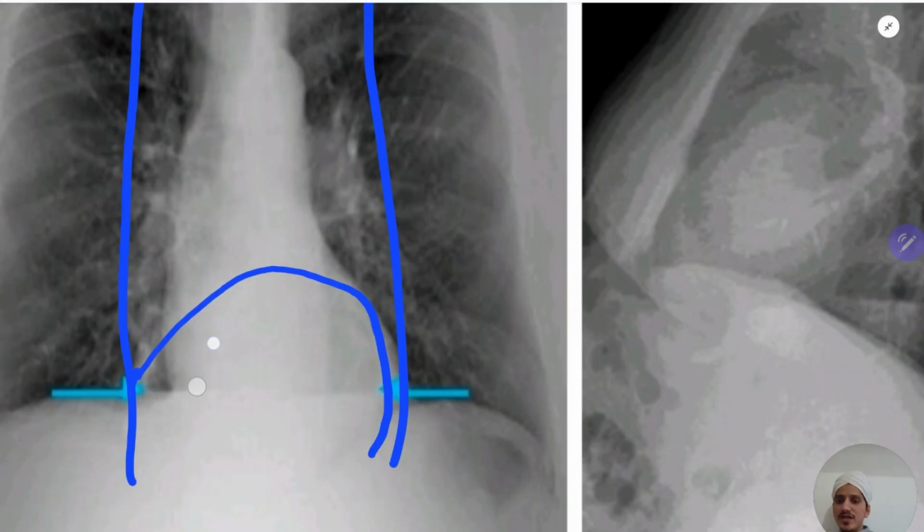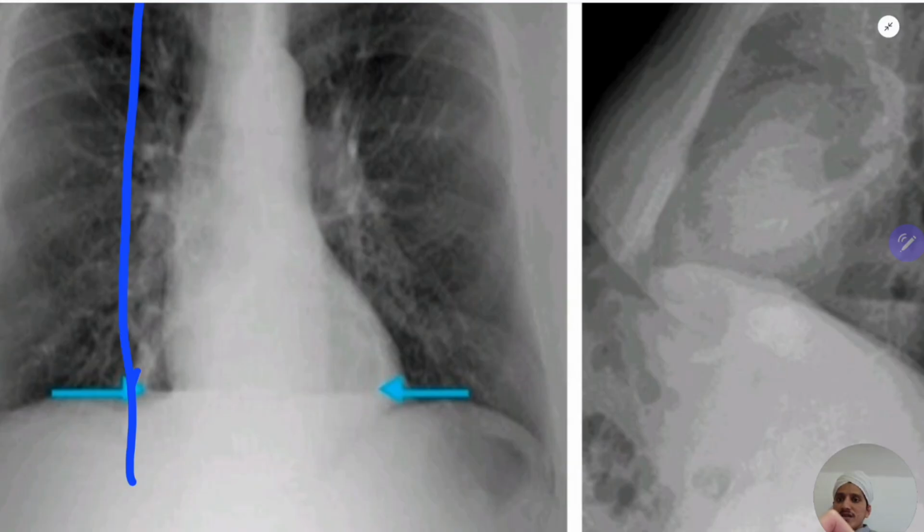If you see carefully, this is the border, this is a circle border, and here, if you see this point, this is actually air.